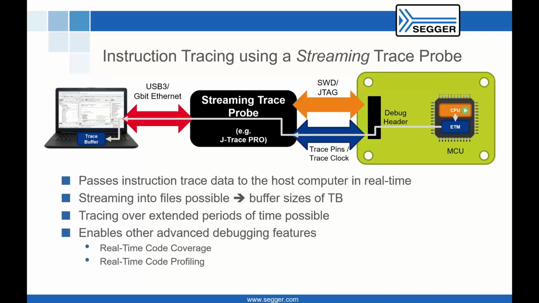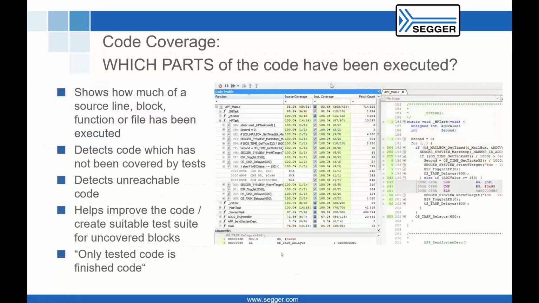We're going to cover those now. For example, real-time code coverage and real-time code profiling. Let's define those terms. What does that mean? Code coverage asks which parts of the code have been executed.